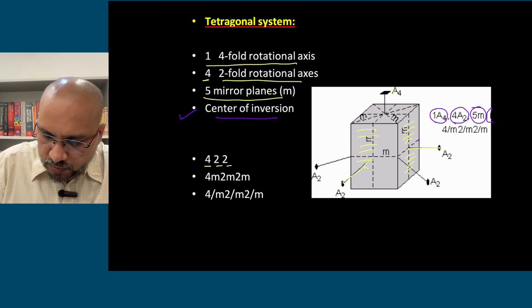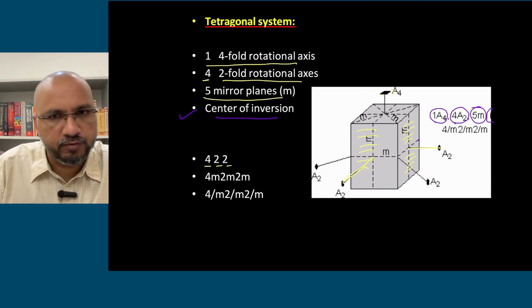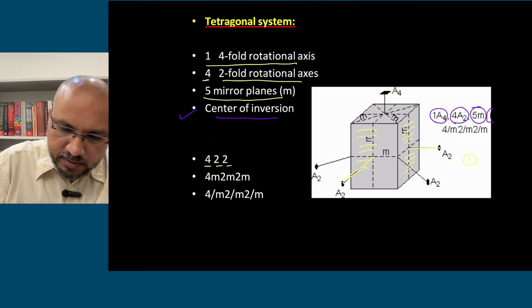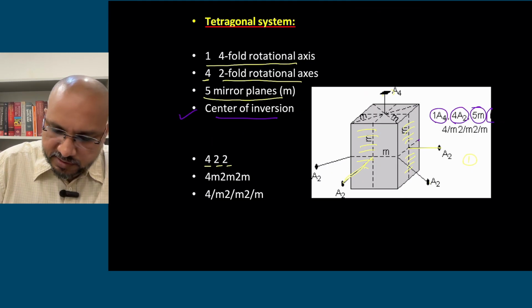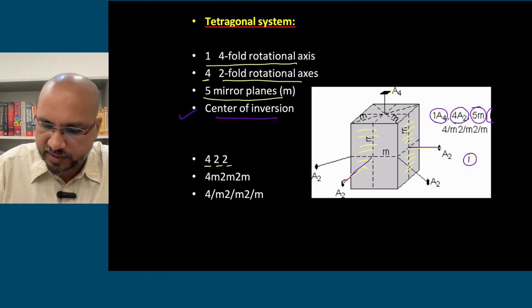So these two are the same two-fold rotation axis. So if you say unique, there is only one. These two are the same two-fold rotation axis because the faces are same. So this rotational axis and this rotational axis are counted as one unique two-fold rotation axis.